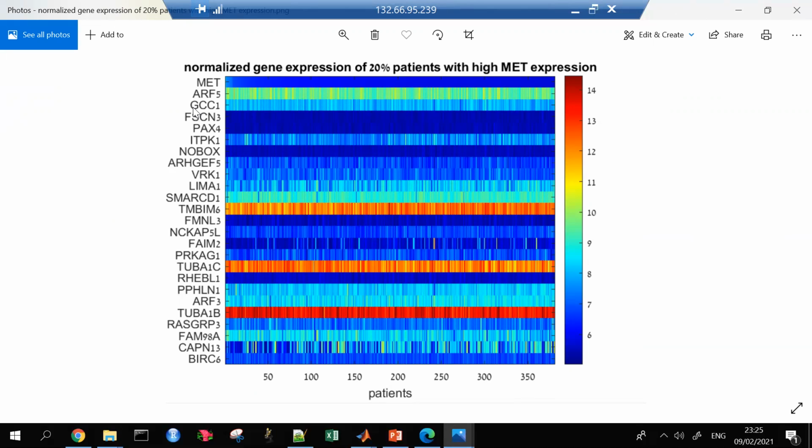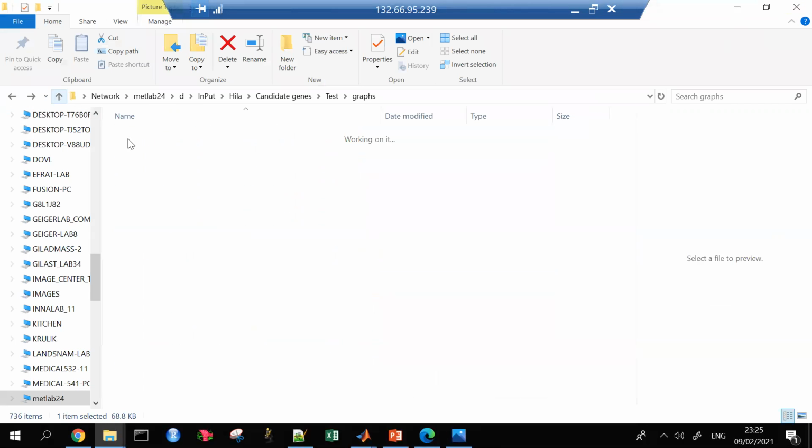But never mind, it's not that important. It's just a way to see the data in a scaled way, I would say. And that's it for the gene expression calculations.